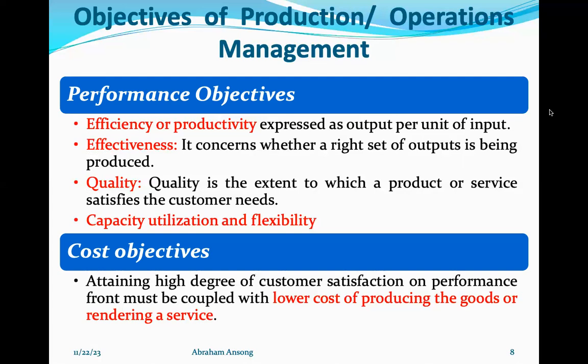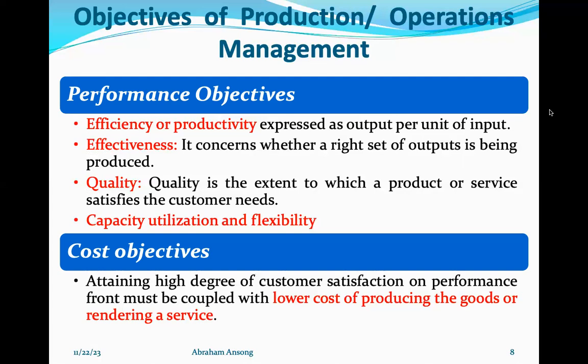If you do that, you are almost into a different line of business altogether. But if it is closely related to what you are currently doing, the equipment and the machine should help you to be able to adjust your designs in order to produce those new goods or services that you want to provide to the market. Okay, so all of that are part of the objectives that the production operations management seeks to achieve.